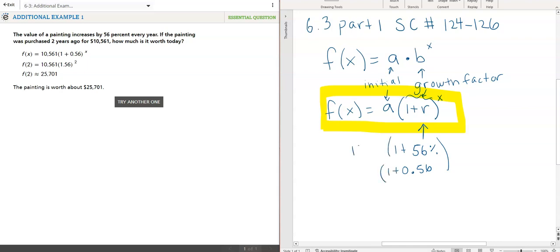Our initial value is that 10,561. And then our exponent here is the number of years. So in 2 years, we would want to know. So that is how they got all of this right here. And when you multiply that out on your calculator, you're going to get about $25,701. So we would say that it would be worth about that much.